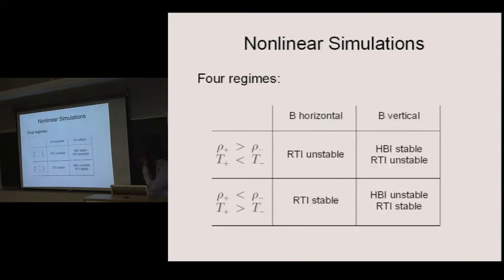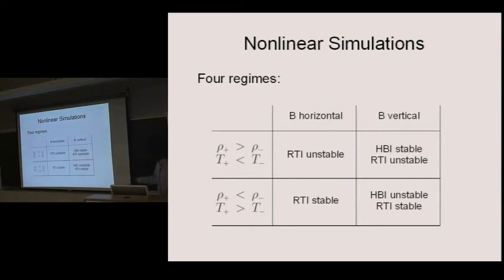Okay, so there are 4 regimes that I investigated, and that's because you can start with a magnetic field that was initially horizontal or vertical, and then your contact discontinuity can either be Rayleigh-Taylor stable or unstable, depending on which is bigger, rho plus or rho minus.